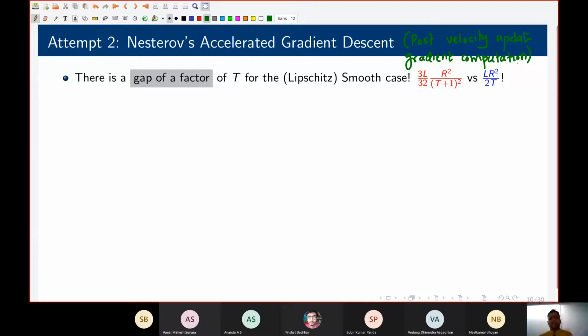Okay, so what exactly will it look like? And this is going to get us to t plus 1 squared. That's our target. So what will the update look like?